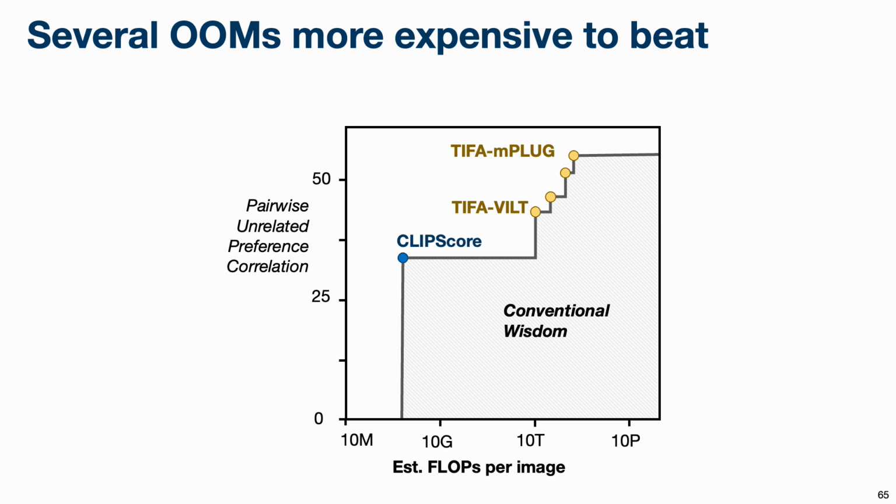So here is the graph of the conventional wisdom. The evaluation of these different metrics using unrelated pairwise preference correlations, like the example I showed before. And based on this sort of evaluation, there's really a dramatic difference between CLIPScore and TIFA using different embedding models or different VQA models.